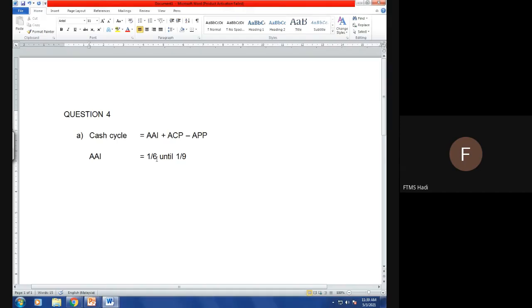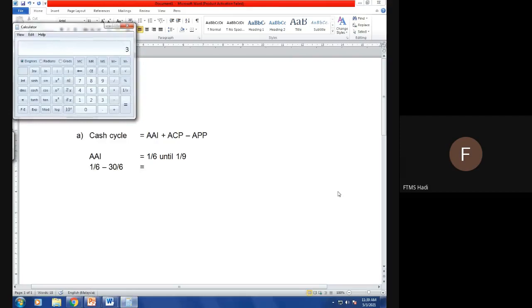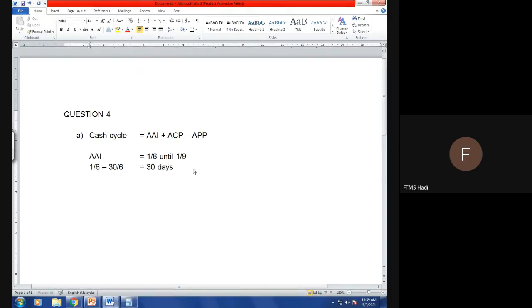First thing first, 1st June until 30th June. How to calculate that? 30 minus 1 plus 1, because 1st June is also counted, which is 30 days. And then for July, we have 31 days.